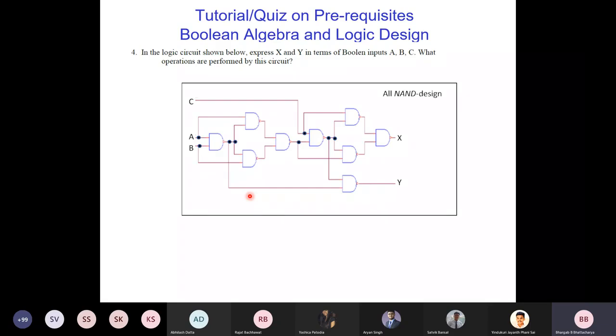And this is equal to AB exclusive or BC exclusive or CA. So the problem is the following. Given the truth table of the full adder for the sum function and the carry function, suppose you are told to design the full adder circuit using only NAND gates, would you be able to come up with this design?